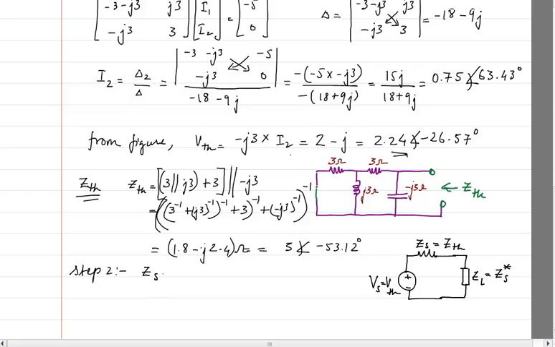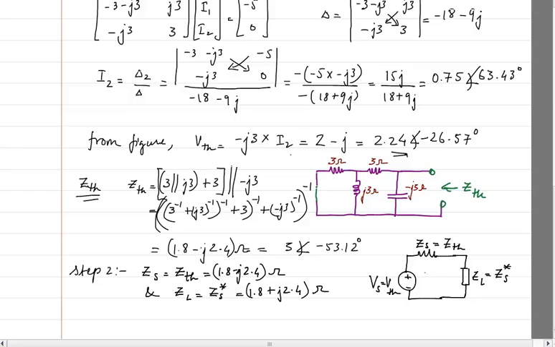Therefore, Zs is equal to Zth, which is 1.8 minus J2.4 ohms, and ZL will be equal to Zs conjugate, which comes out to be 1.8 plus J2.4 ohms.